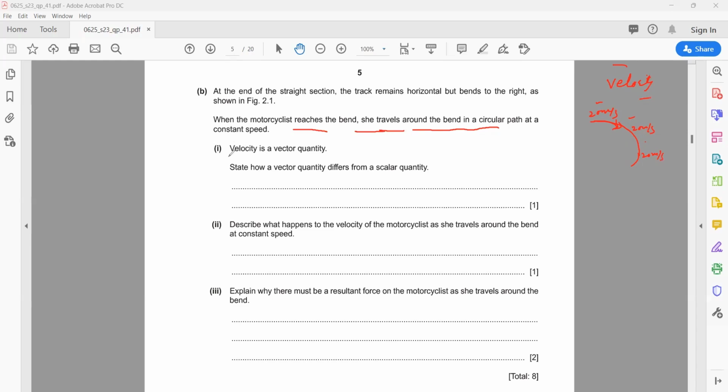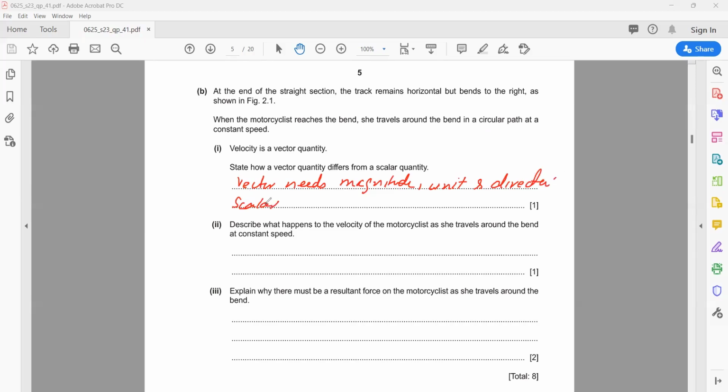Now see the question. Velocity is a vector quantity. State how a vector quantity differs from a scalar. So you can write the definition: what does a vector need? A vector needs magnitude plus unit plus direction.